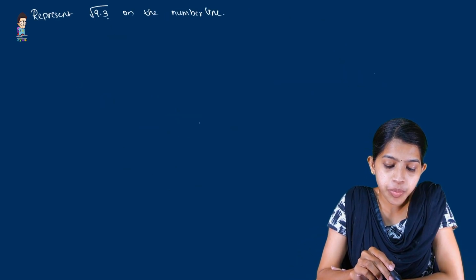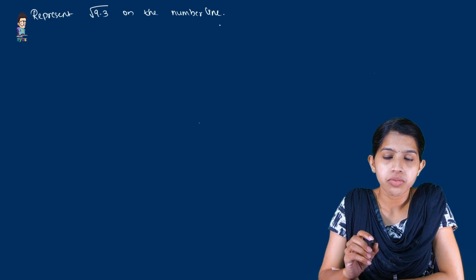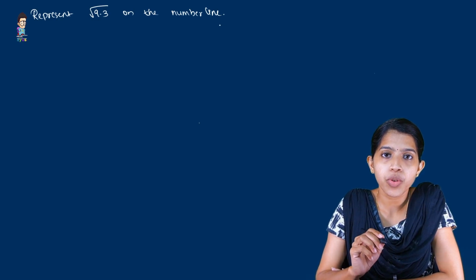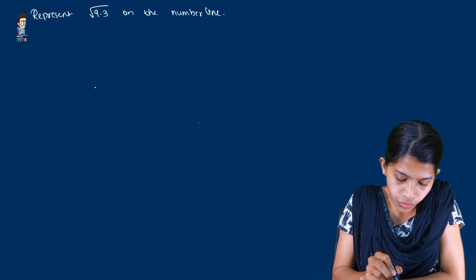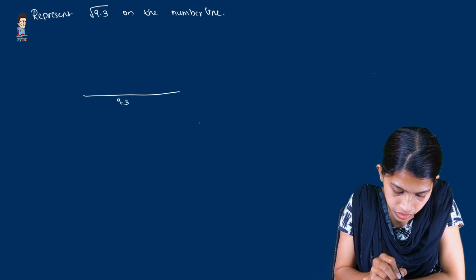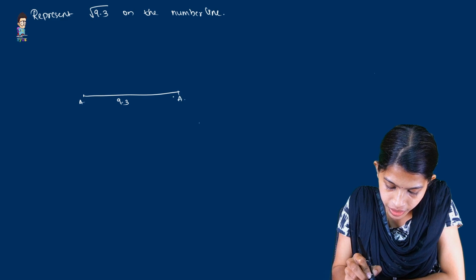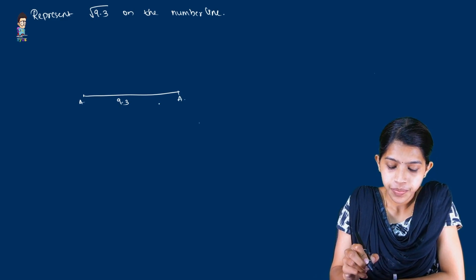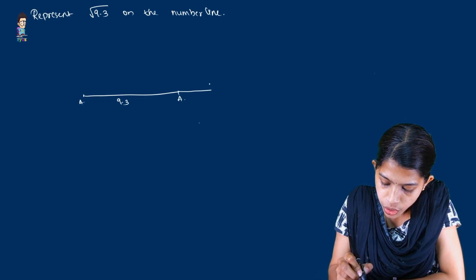Represent root 9.3 on the number line. We will work it out using the proof before. That is, first of all, we need to mark 9.3. Suppose the line segment AB is of length 9.3 and we will add one more unit to it.